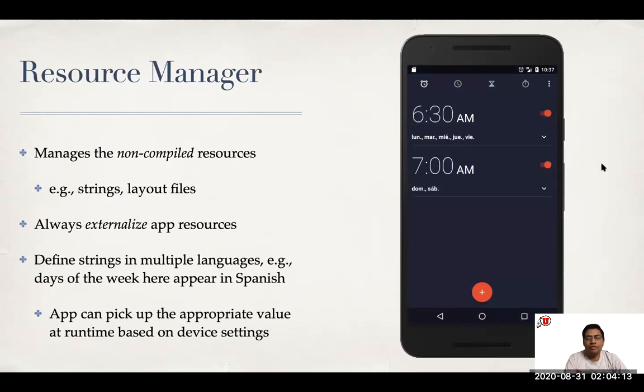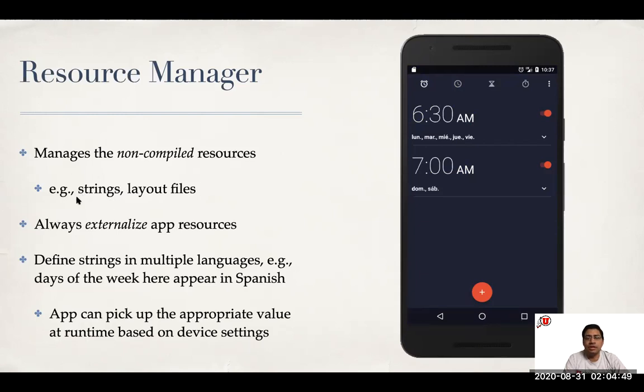Another component of the API framework is the resource manager. Resource is a term we use for all the non-compiled resources in the Android app. And by non-compiled, we'll go into the details later, are largely the resources that are given in the XML files. So for the upcoming assignment where you have to set up the IDE and then change the greetings hello world to hello your name, you'll have to go and make changes in the strings basically.